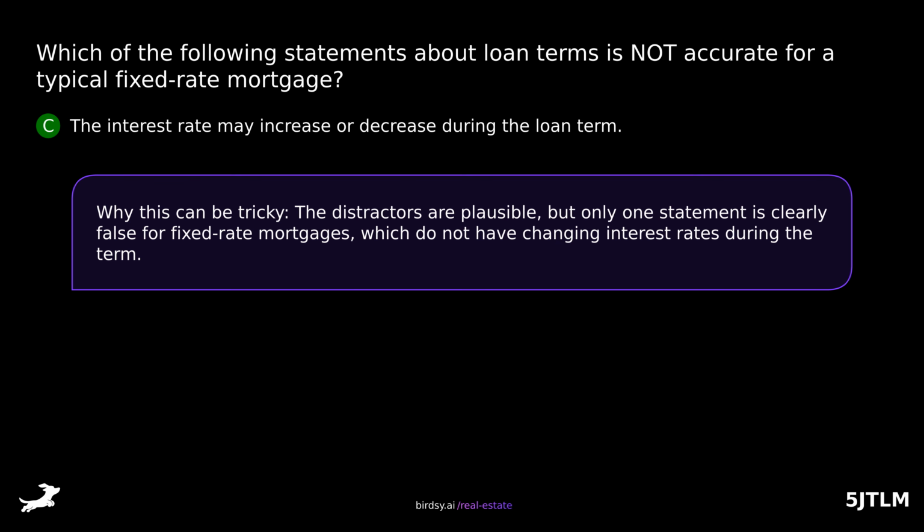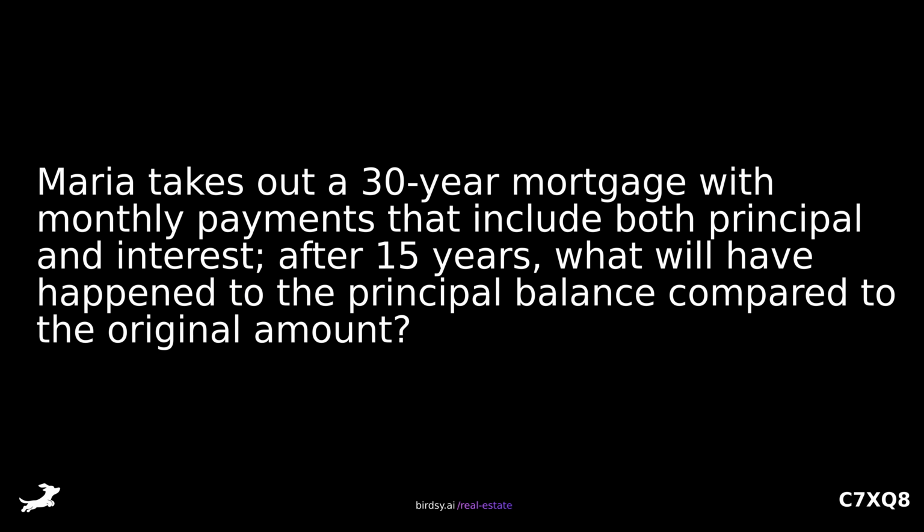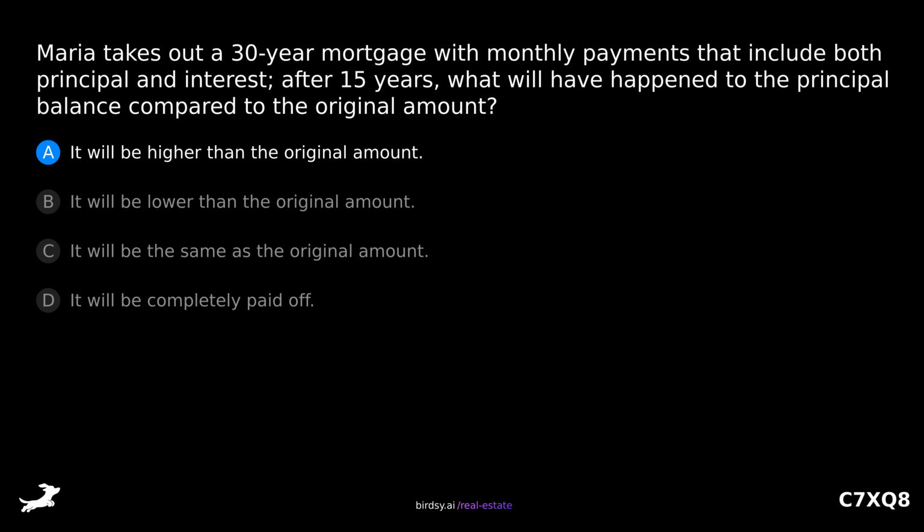Maria takes out a 30-year mortgage with monthly payments that include both principal and interest. After 15 years, what will have happened to the principal balance compared to the original amount? Is it A. It will be higher than the original amount, B. It will be lower than the original amount, C. it will be the same as the original amount, or D. It will be completely paid off?